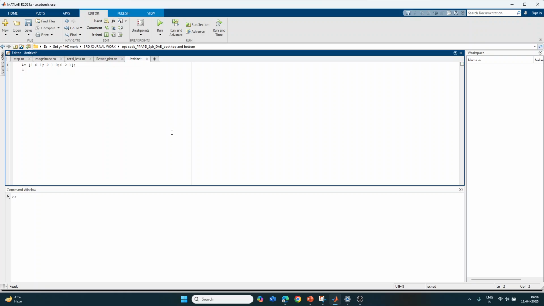Let's say I'm defining another variable Z. Z equal to A cube plus 9 into A square plus 23 into A plus 15.